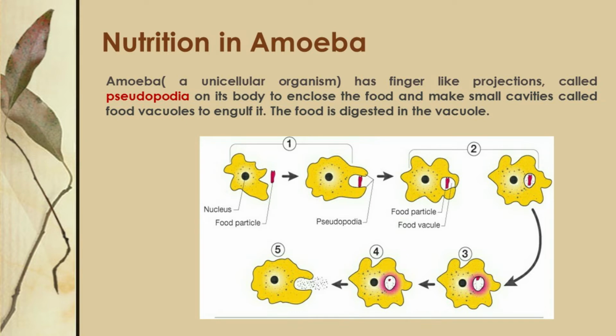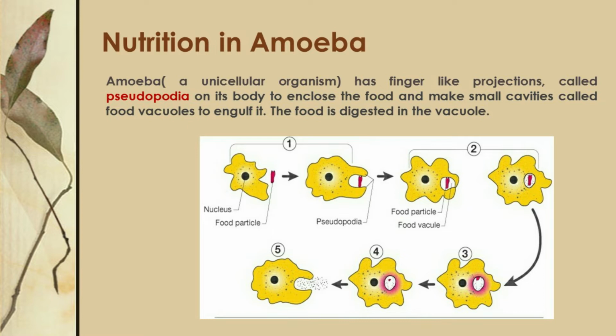And inside this food vacuole, the food, meaning microscopic plant or animal, is digested, and after digestion it is absorbed and assimilated, and the undigested food is pushed out of the body in the same manner through the pseudopodia.